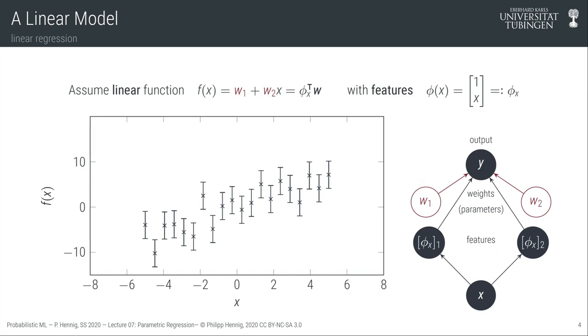The only thing we don't know is the intercept, that's the weight on the first feature, and the gain, that's the weight on the second feature. Now what we'd like to do is learn or infer these two quantities, w1 and w2. And they are related, of course, to the data, to the output in a linear fashion.